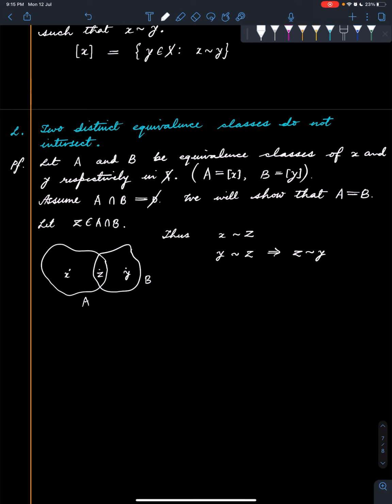And now by transitivity, if you apply transitivity here, what you'll see is that X is related to Y, right?